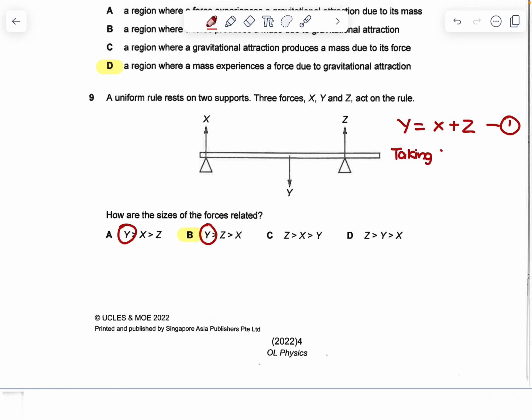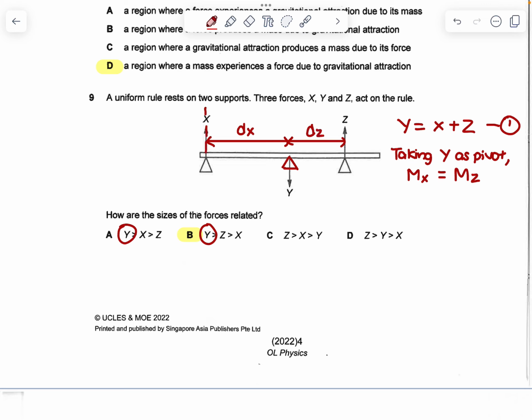Next, taking Y as the pivot, we know that the moments of X is equal to the moments of Z. So the distance here we call it dx, perpendicular distance for Z, dz.